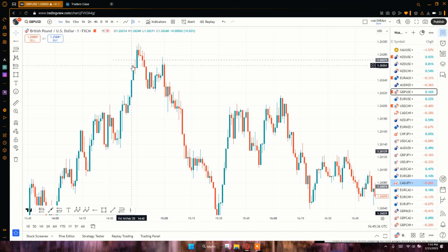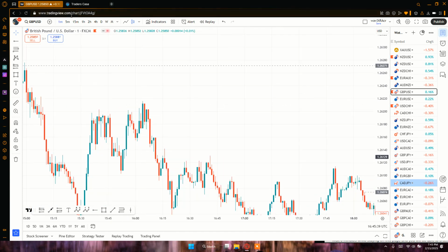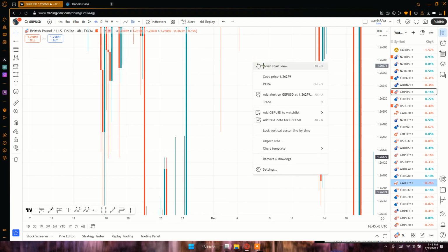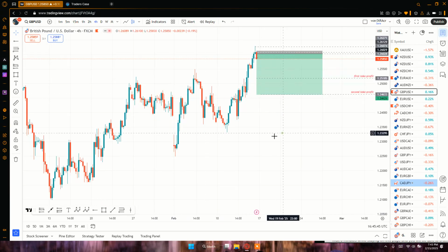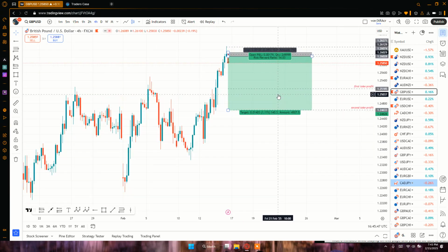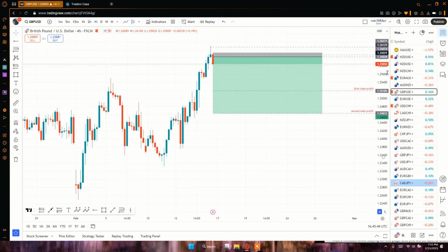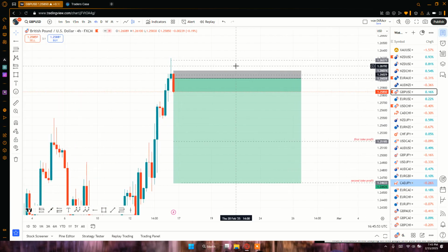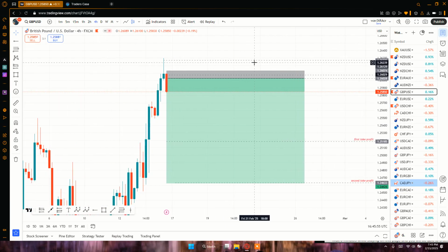So this zone is also a probable zone for price to tap and then continue with our bearish anticipation of the market. So I'm going to end here on GBP USD.